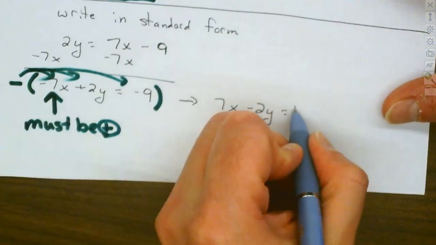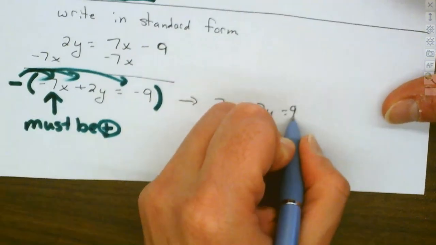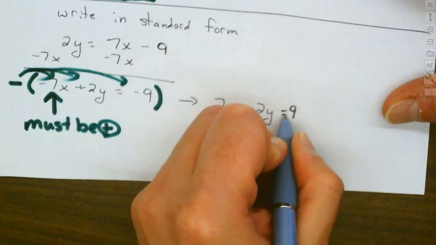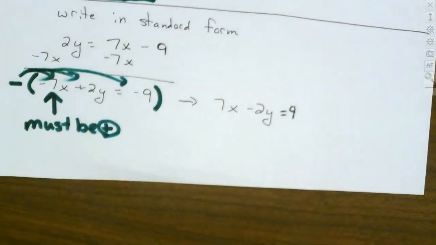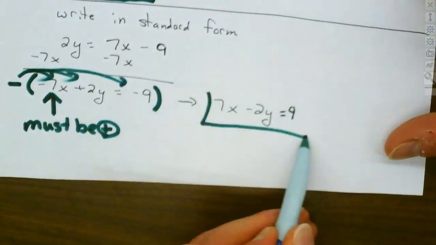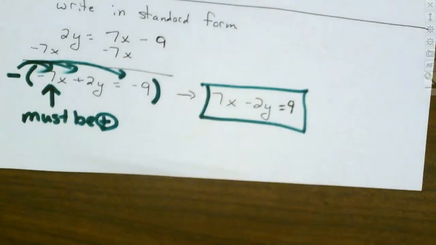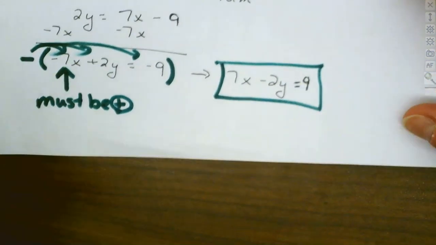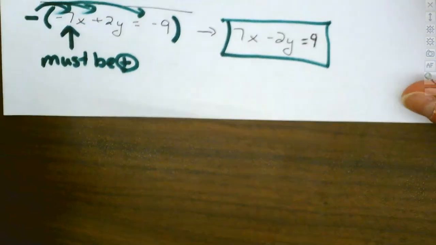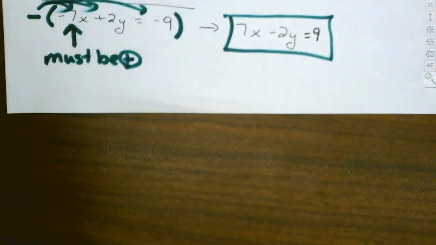Negative and negative makes it a positive 9. And that is now in standard form, right? No fractions, no decimals, and the x is positive. The y can be negative, but the x has to be positive.